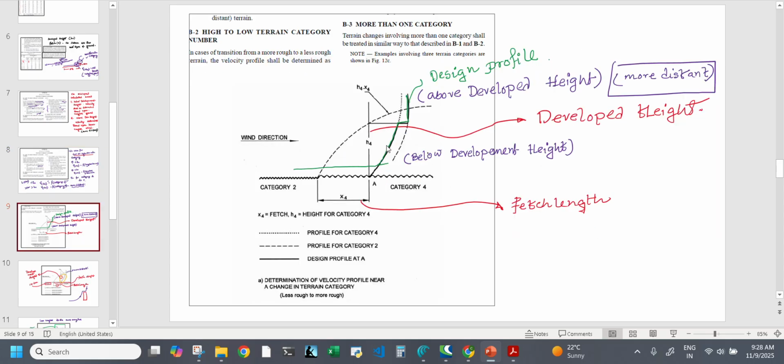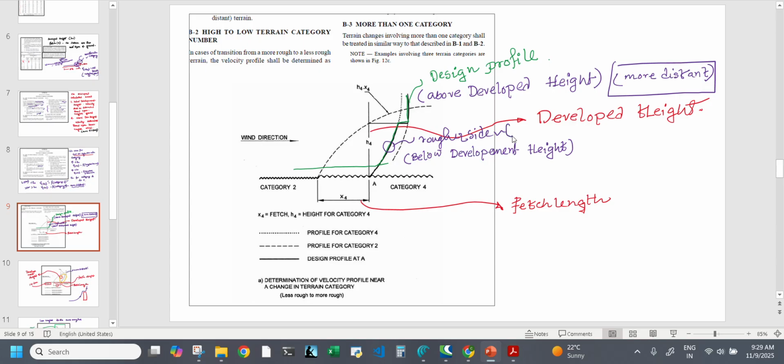This is the velocity profile in case of category 2. The velocity profile is determined, this part is based upon the rougher side, the velocity profile on the rougher side.